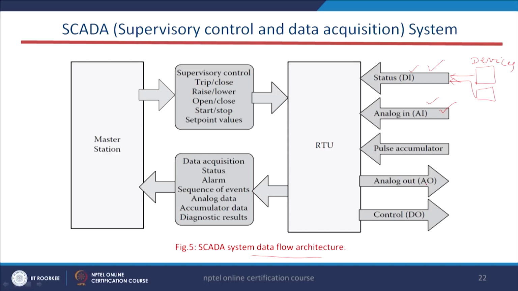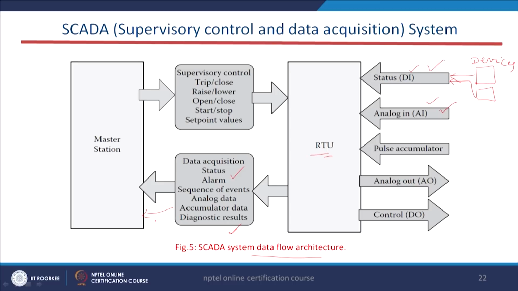Now, after the data reaches this RTU section, those data are sent to the data acquisition system, and the data acquisition status, alarms, diagnostics results, everything is sent to the master station.